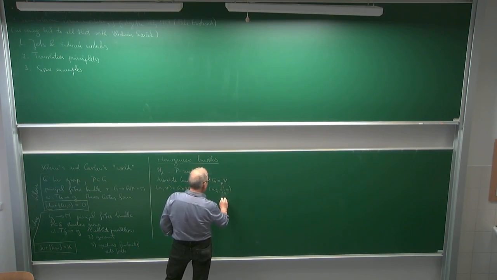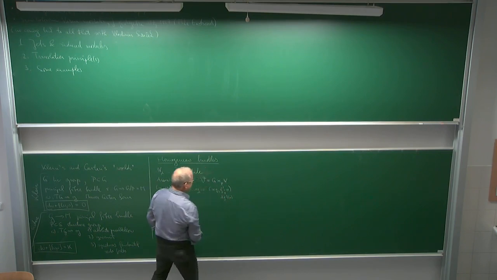So this is just lambda of g minus 1 applied to v, right?